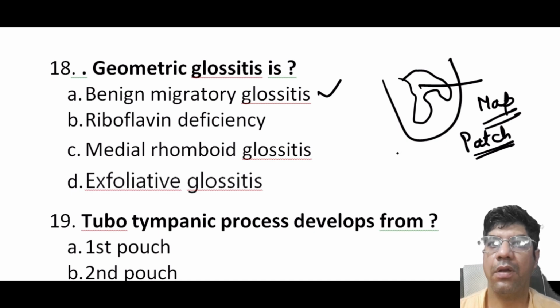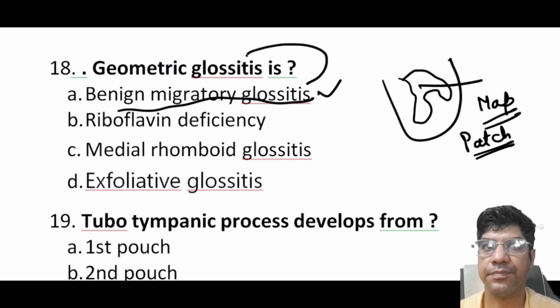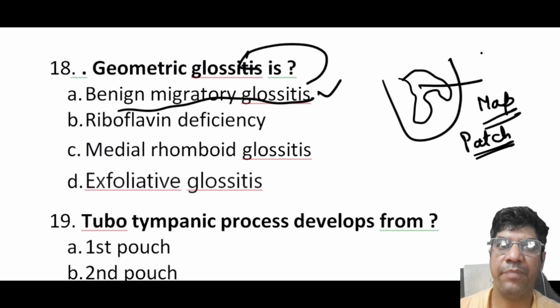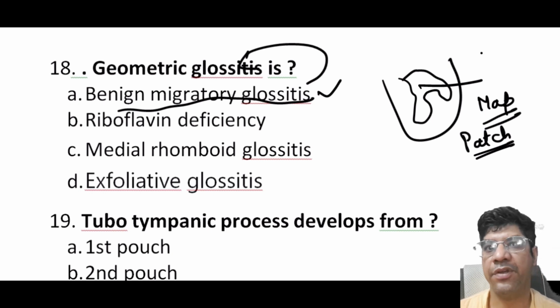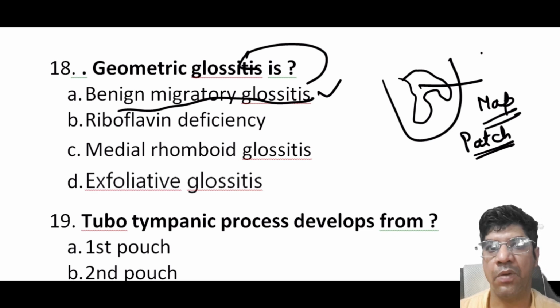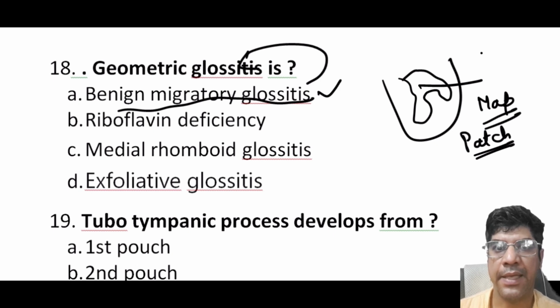That is why it is known as benign migratory glossitis. So the characteristic feature of benign migratory glossitis is the presence of irregular erythematous, meaning the red and depapillated, areas on the dorsal surface of the tongue. So they appear like a map. The depapillated areas will appear as smooth, shiny patches surrounded by elevated white borders. So the answer is A here.